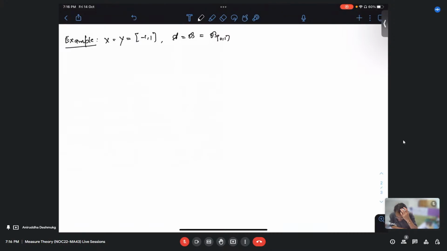So in this case, both my spaces are the closed intervals -1 to 1, and both the sigma algebras are again the Borel sigma algebras of -1 to 1. And here also, both the measures mu and nu, they are Lebesgue measures.